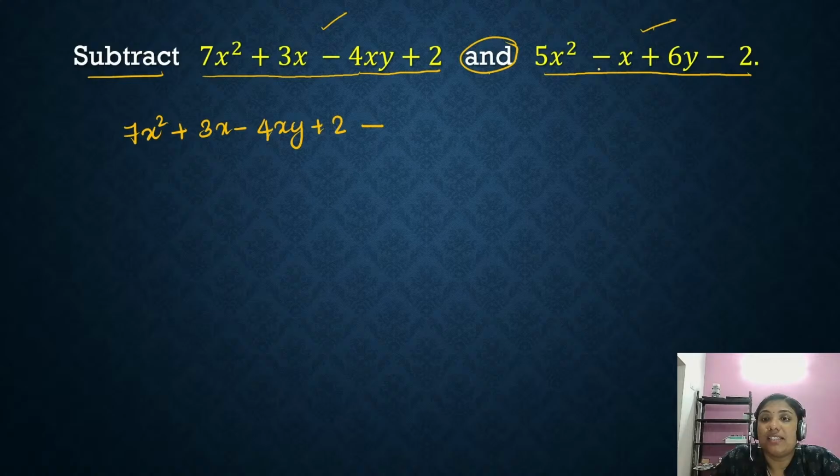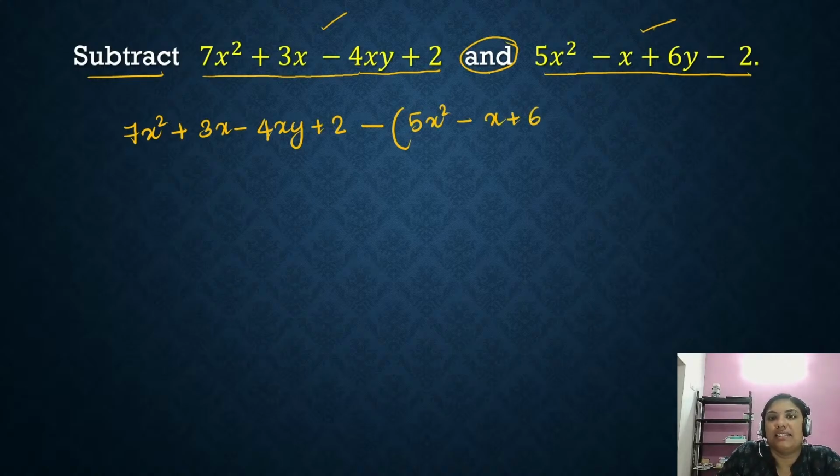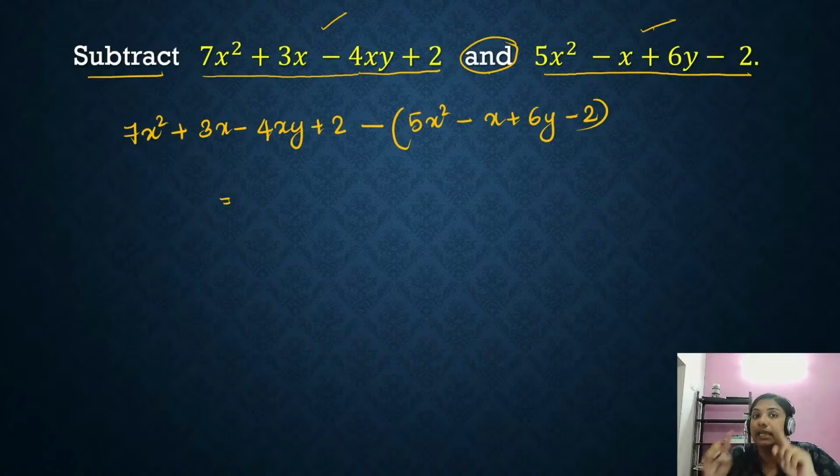Now we are supposed to write the next expression here, right? So we have to put it inside a bracket: 5x square minus x plus 6y minus 2. If you want to write an expression after a negative sign, a minus sign, then you are supposed to put that inside a bracket.